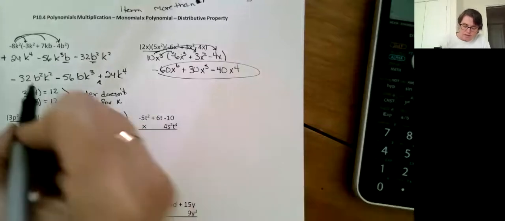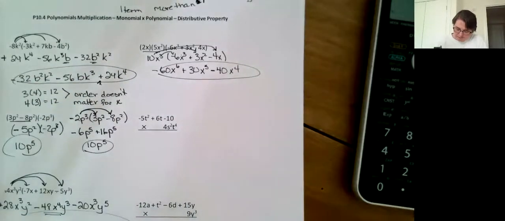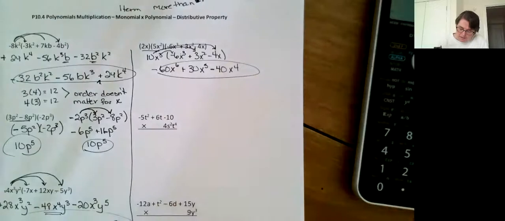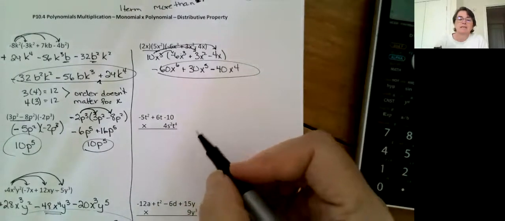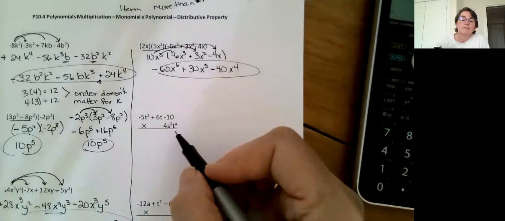And this worksheet's getting pretty messy looking, so I'm going to circle some answers here. All right, so I've kind of made a mess here. This is vertical multiplication.